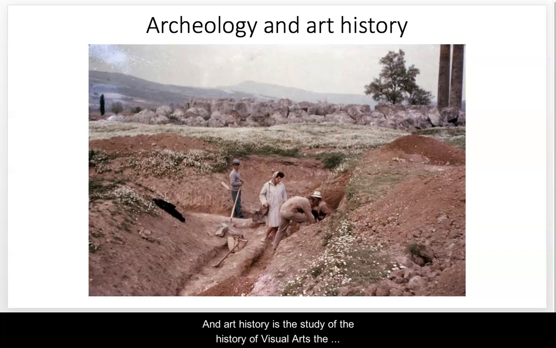And art history is the study of the history of visual arts, the origin and the history of it, the analysis of individual works and their groupings into larger categories is a huge part of that. So they interrelate to each other, especially that we get a lot of information from archaeology, and then art historians help archaeologists at times to place things in cultures and times.